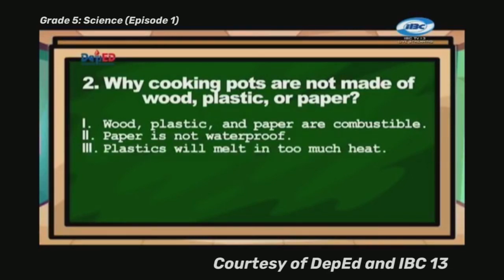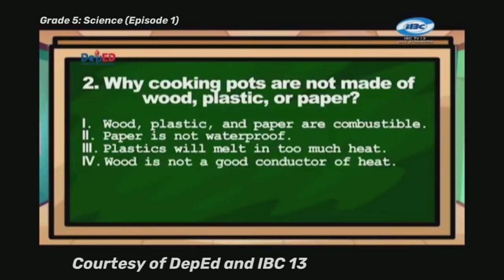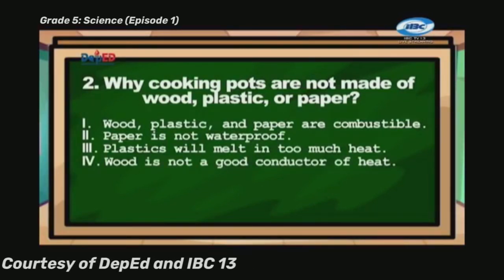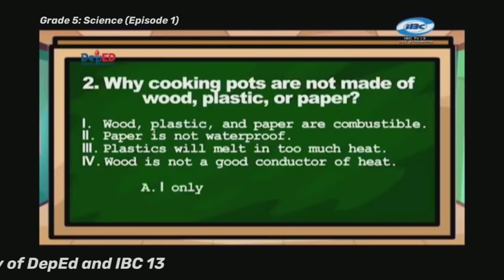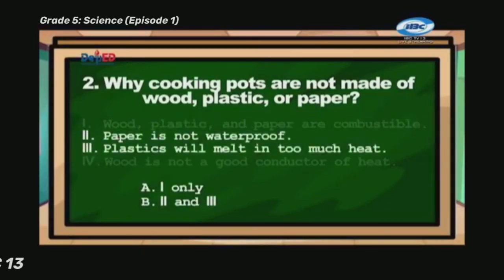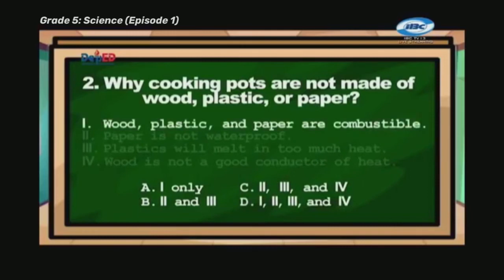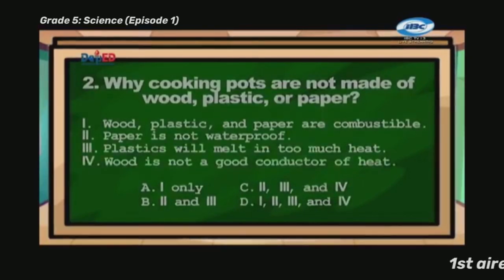Plastics will melt when exposed to too much heat. 4. Woods are not good conductors of heat. It will not cook the food. A. 1 only. B. 2 and 3. C. 2, 3, and 4. D. 1, 2, 3, and 4.